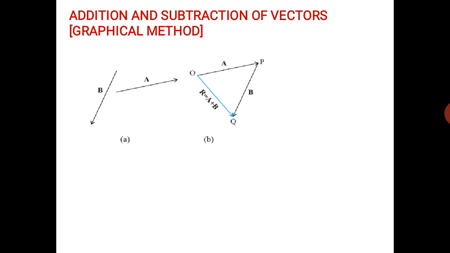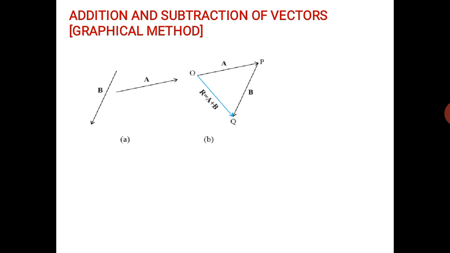Two vectors can be added with the help of a graph. It is not possible to add them directly. For example, there are two masses, one is 2 kg and another is 3 kg. So the net mass becomes 5 kg. 2 kg plus 3 kg is 5 kg. Cleared?